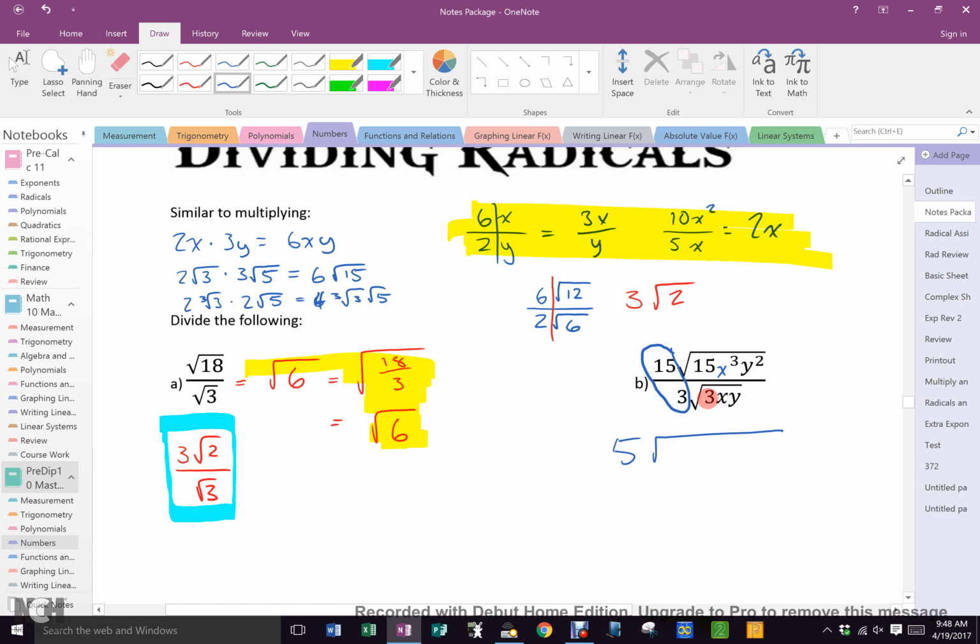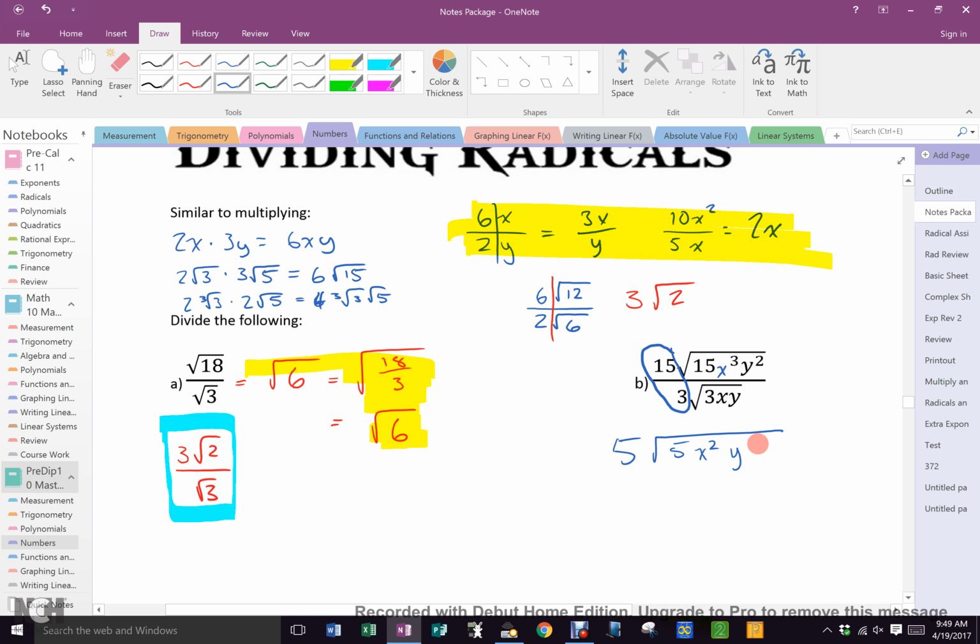Divided, so what do you think we do with 15 and 3? Divide, excellent. What did we do with x squared and x here? We subtracted the exponents just like we learned in grade 9. So what do we do here? 3 minus 1 is x squared. What about this one? Y.